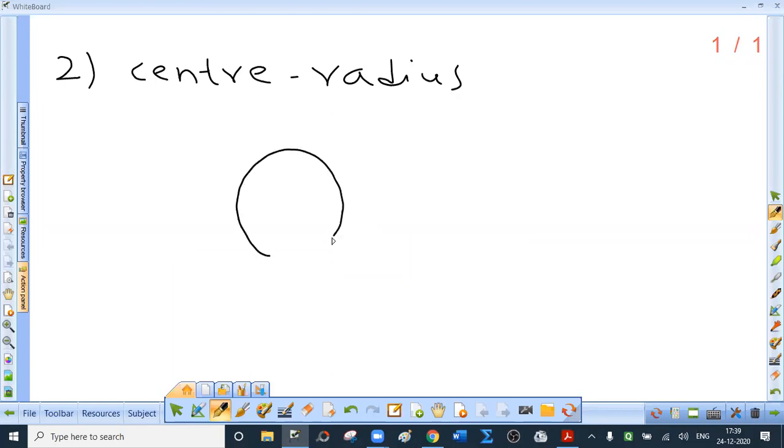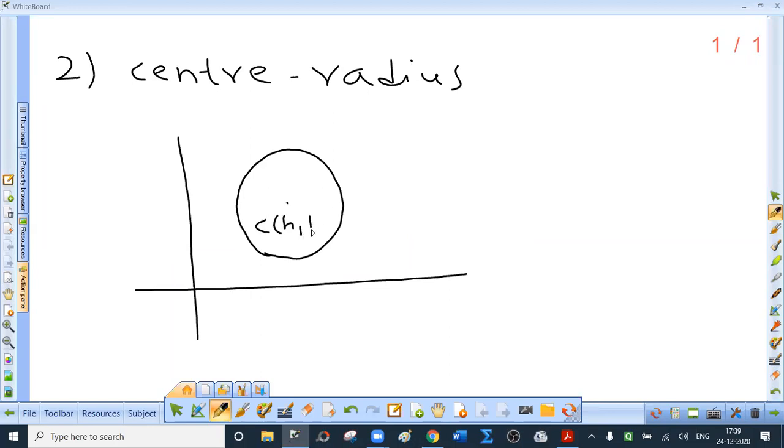Suppose this is the circle and these are coordinate axes. I take center of the circle as C(h, k). The radius of the circle is r. As usual, we start with let P(x, y) be any point on the circle. What is the geometrical condition? CP equal to r, that is CP square is r square.